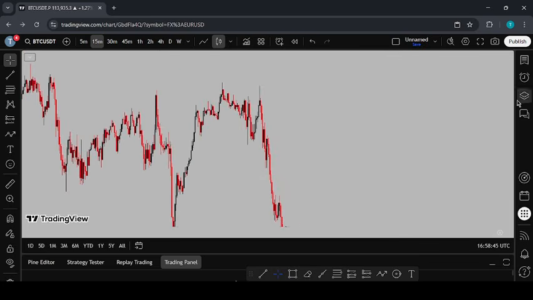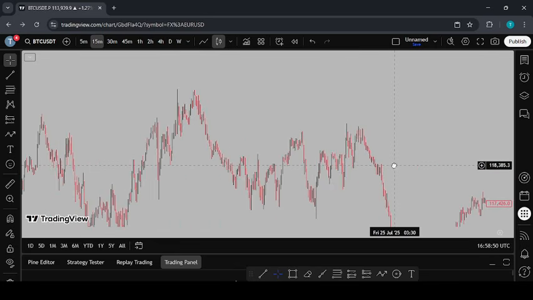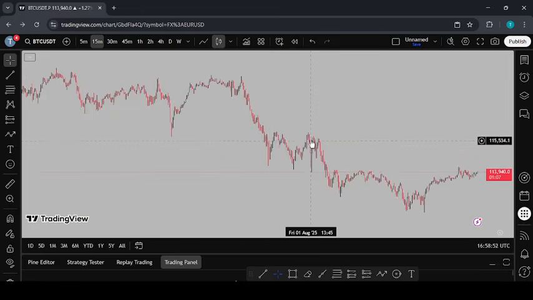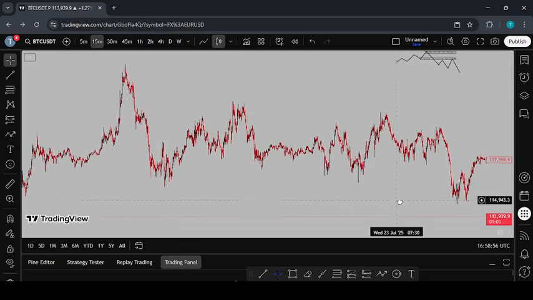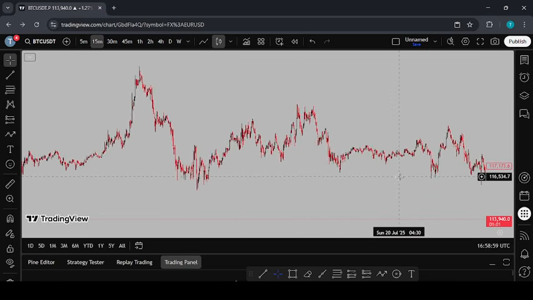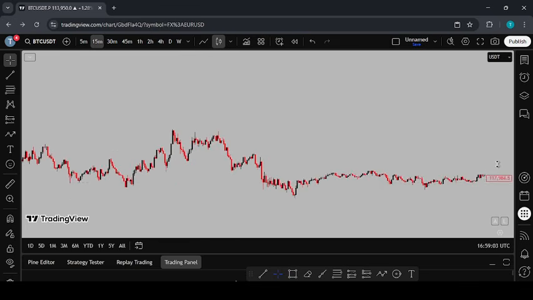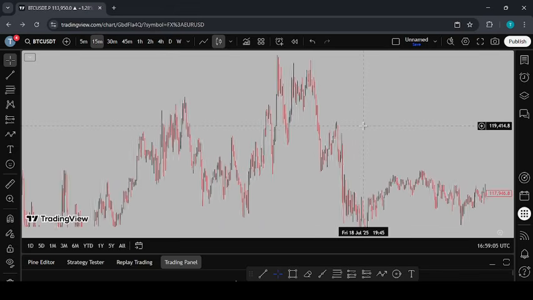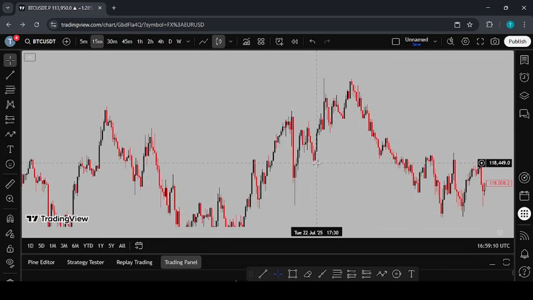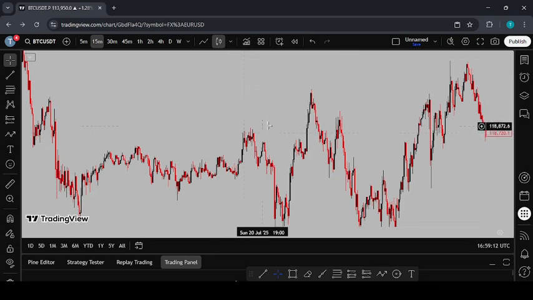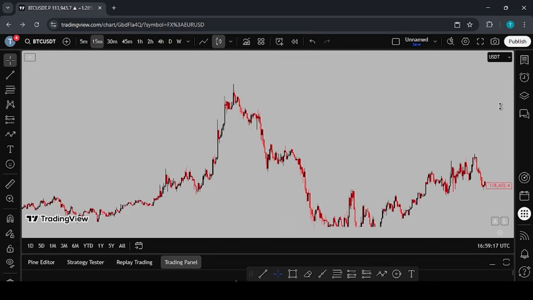Okay, there is one here. Let me refresh this so I can see well. Breaker mitigation block. There are many. Let me pick the one I'll give you guys for example. There's another one here, this one that happened here.